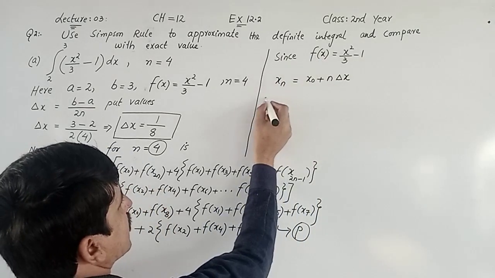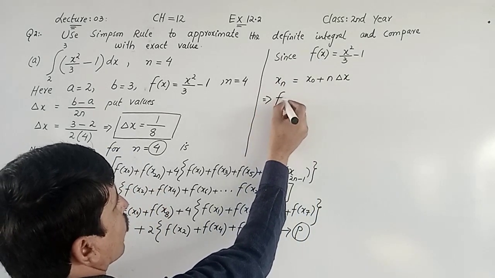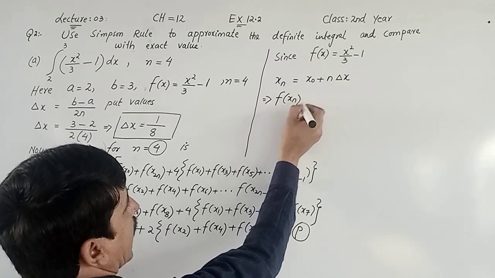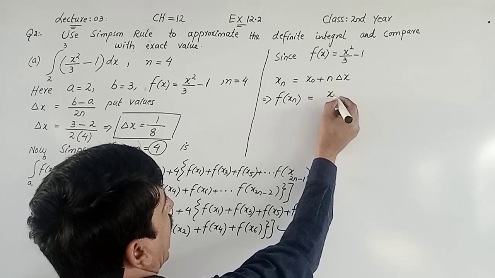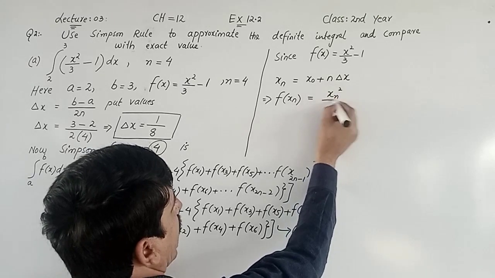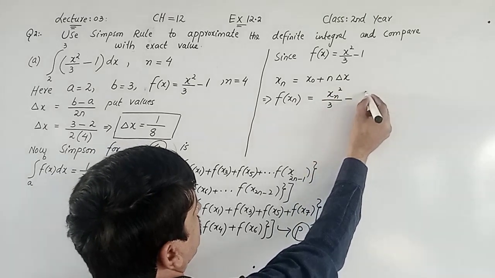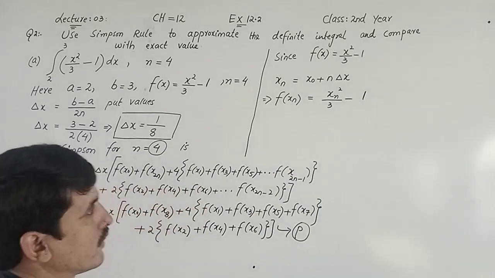So f of xn is equal to xn square divided by 3 minus 1.